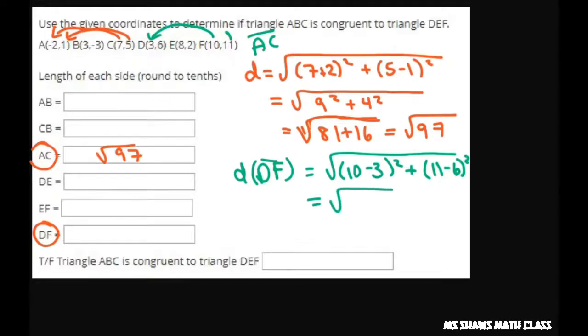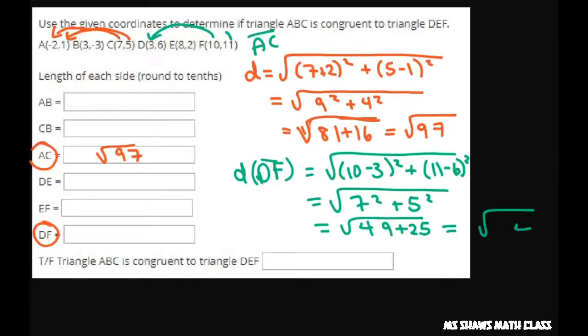That gives us a square root of 7 squared plus 5 squared, which equals 49 plus 25, which gives you the square root of 74. So we have two cases where the sides don't equal. So this is false.